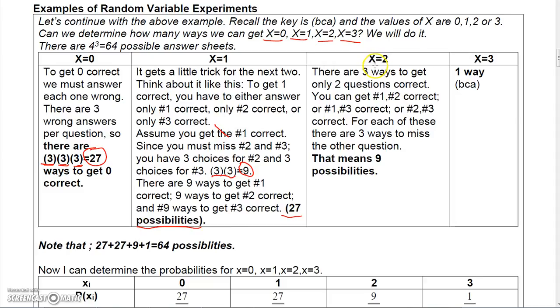On this one, you're getting 2 correct. So again, to get 2 correct, that means you're going to miss 1. So let's say you get the first 2 correct and you missed the third one. Well, if you think about it, there's only 1 way to answer this one correct, only 1 way to answer this one correct, and 3 ways to answer this one wrong.